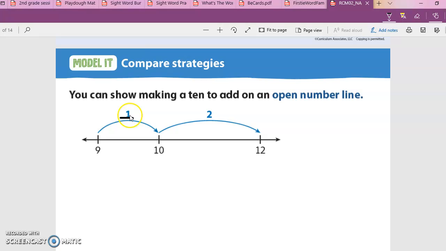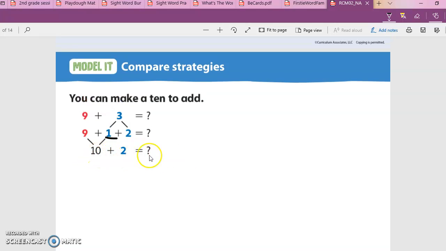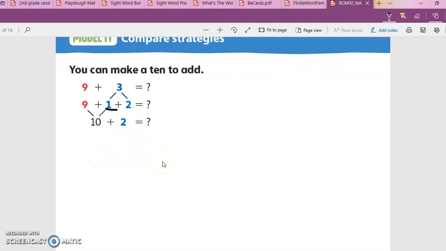So we hopped 1 number. In all of these problems, we're adding 3. So since we only went 1 to make 10, we still have to hop 2 more numbers to make 12. Okay, so this is the exact same thing as this, just on a number line instead.